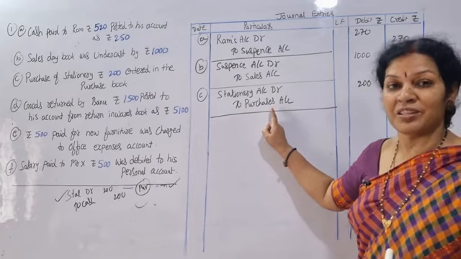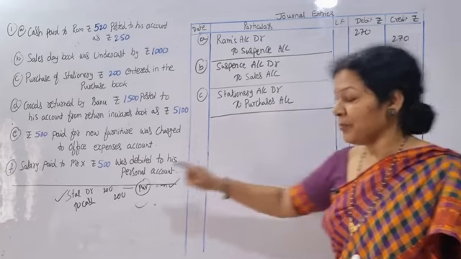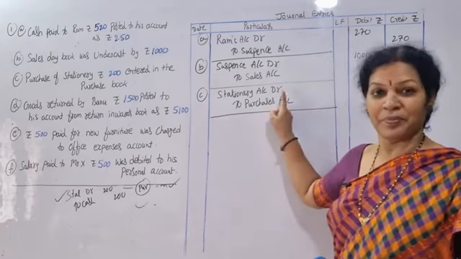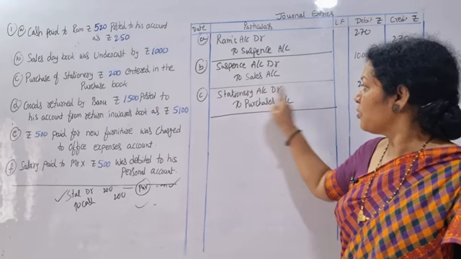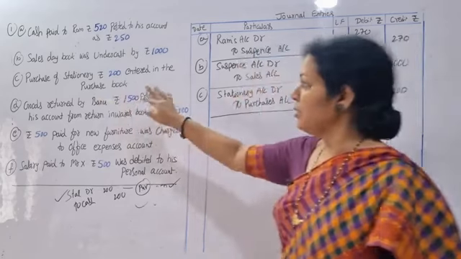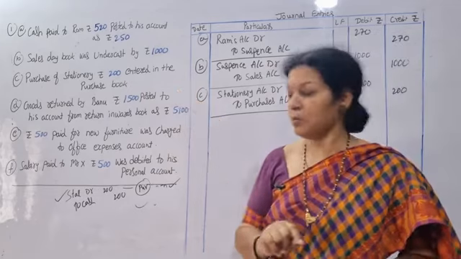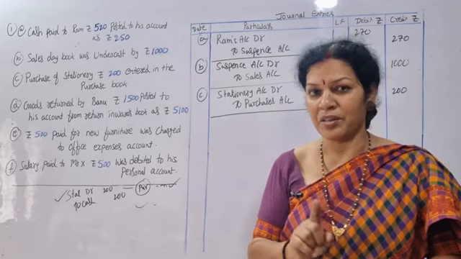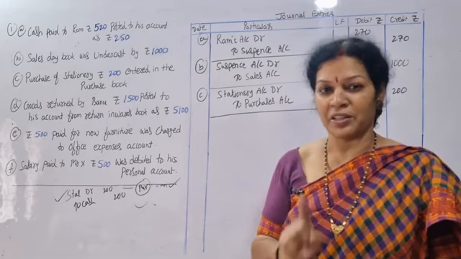It was debited, now sending to the credit side. We are writing stationery on the debit side. So stationery account debit to purchase account. Narration: being wrong debit given to purchase account rectified.